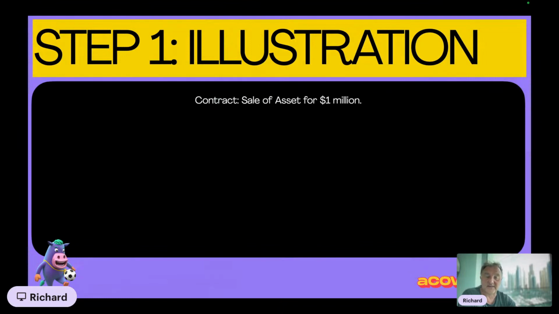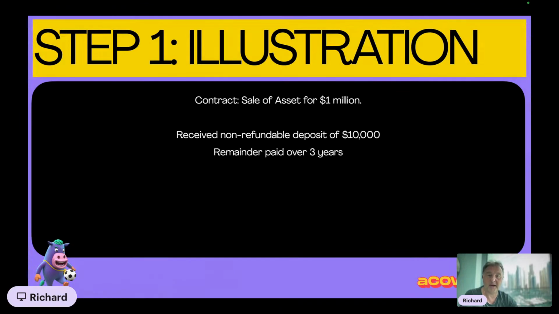You sell an asset for $1 million. That's your contract. But you've received 10,000. And the remainder is payable over 3 years. Now, if the customer defaults on the remainder, then the goods are returned and we get no compensation.